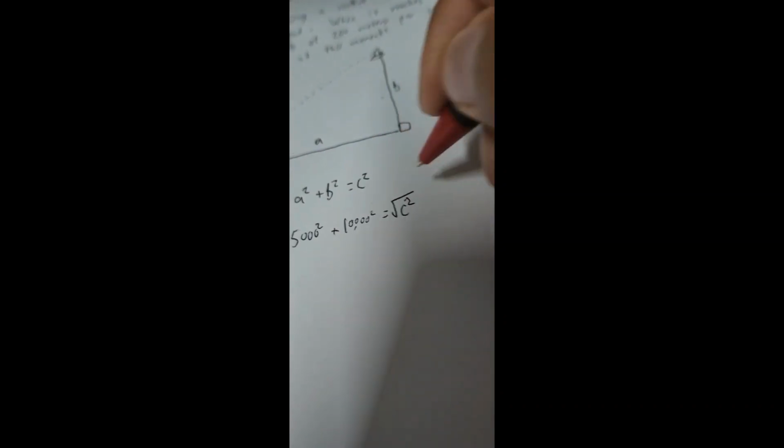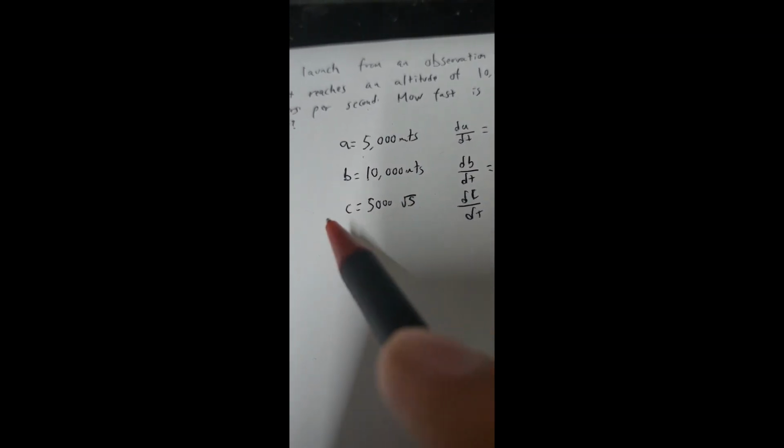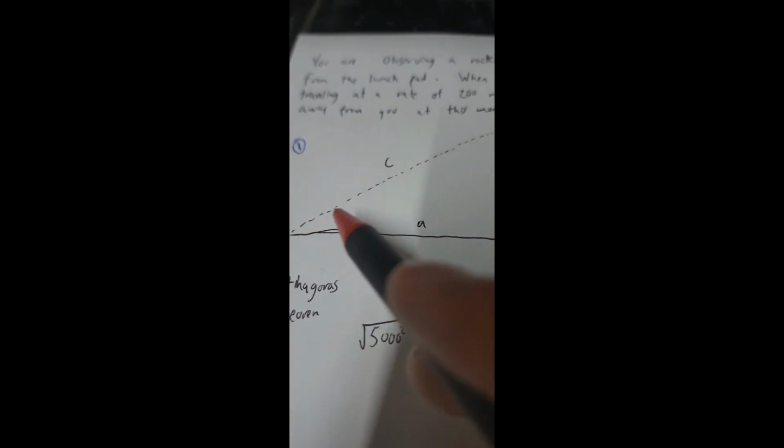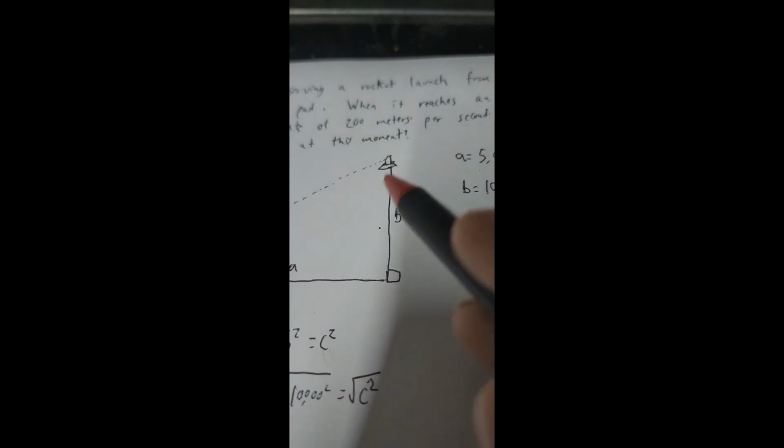So now we have to do this one, and this one. Let's do the math right now. So yes, this is the answer for C. This is the length in meters, from you all the way to here, my rocket, my beautiful rocket that looks like a UFO or something like that.